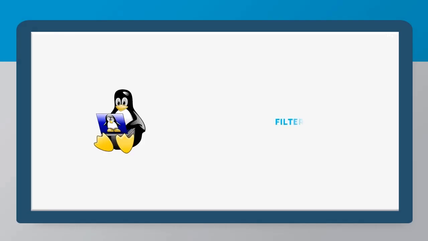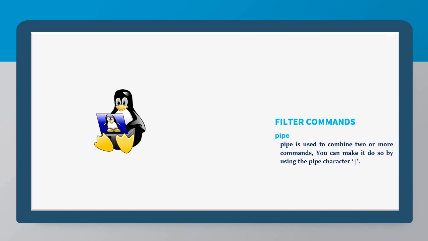Moving on to the next filter command, that is the pipe command. Pipe command is used to combine two or more commands, and in this the output of one command acts as input to another command. You can make it do so by using the pipe character of the keyboard. Now look at the syntax: command 1, pipe command 2, pipe command 3, and this can go till command n.